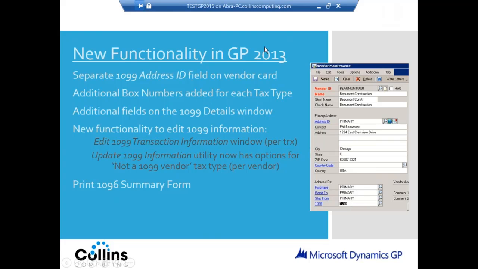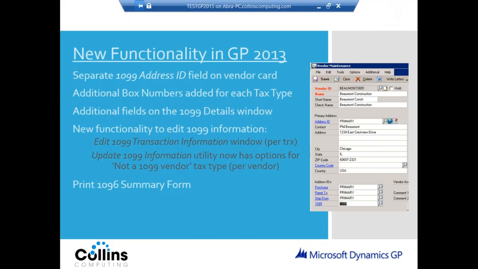The other thing is that we've got all these different box numbers that were now added. Previously, we really only had the ability to post into box 1 for dividend and interest and box 7 for miscellaneous. But now you've got all the different box numbers specific to a tax type: dividend, miscellaneous, or interest.